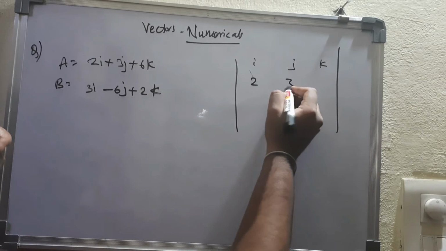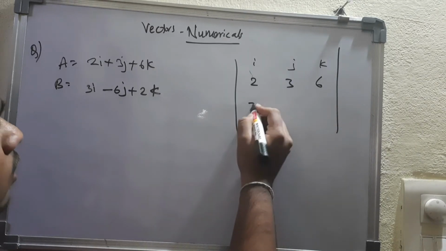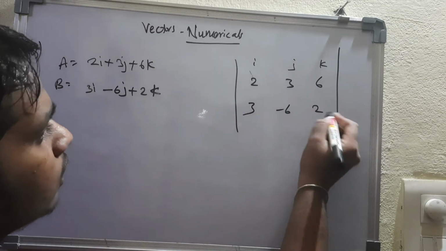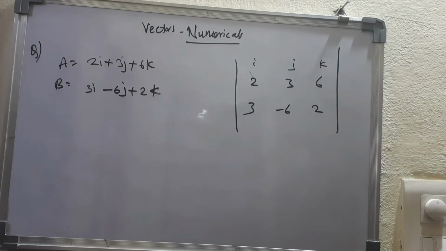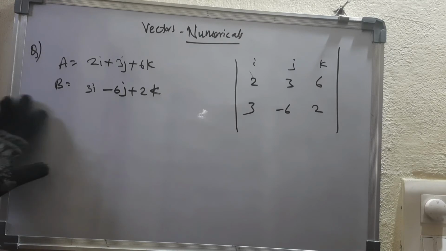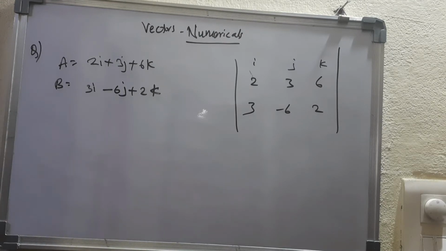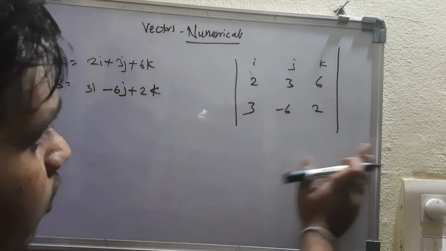2 3 6, 3 minus 6 2. Some things you have to learn, you have to remember. For this type of question, when he gives both vectors and says the magnitude of the perpendicular vector is this much, find the value of k.